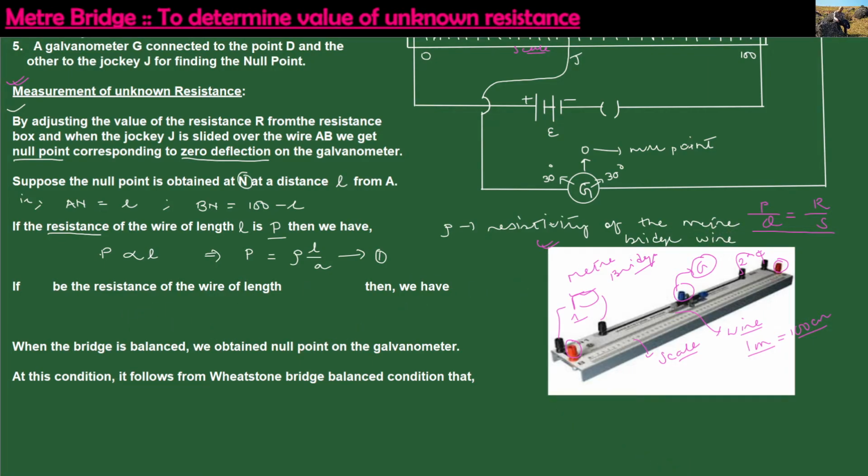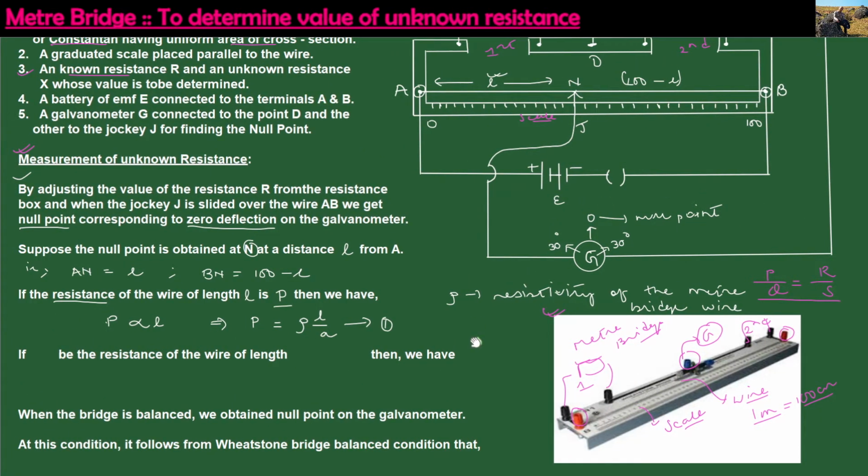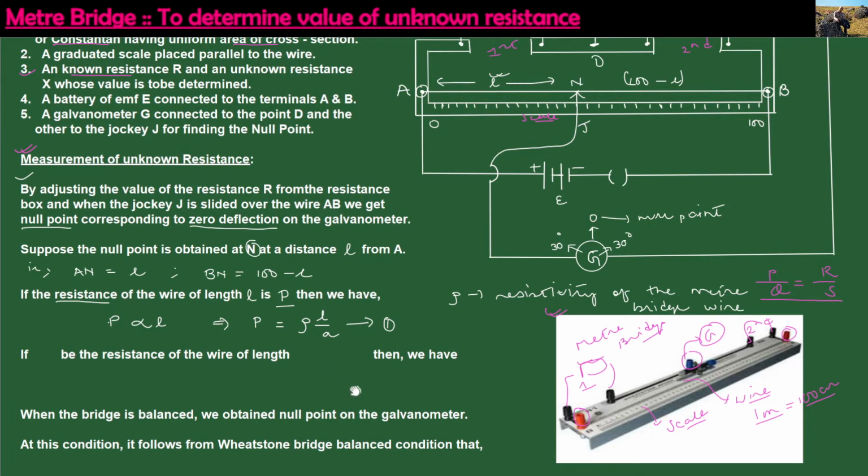Similarly, when you observe the schematic diagram, the remaining length BN, which is equal to 100 minus L, will also have resistance. That length of the meter bridge will correspond to another resistance.